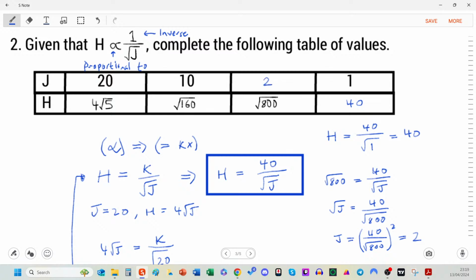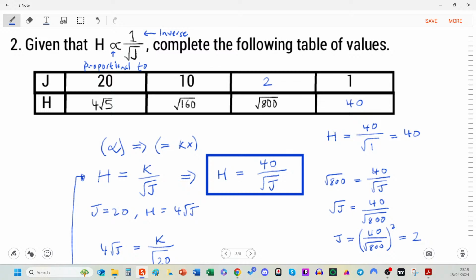So you'll put that in your calculator, or you could figure out using roots here that you've got 40 squared over 800, and you could do the math there. That's going to be 1600 over 800. Anyway, so without a calculator, totally possible. And we've completed the table.